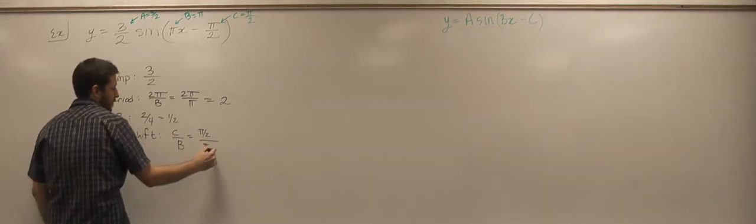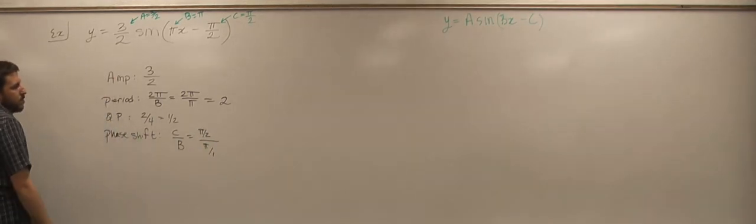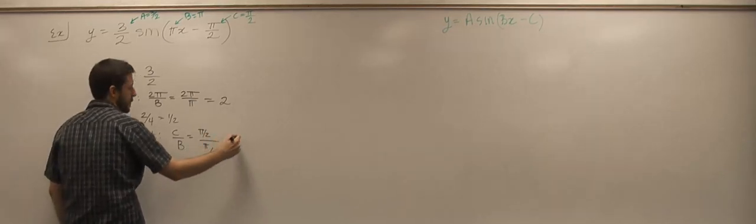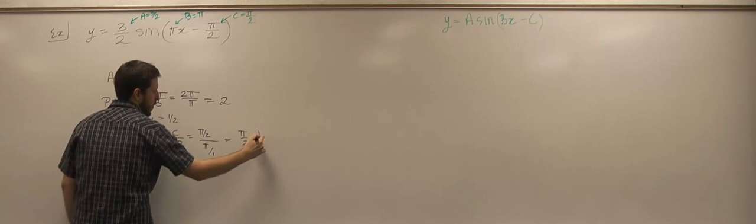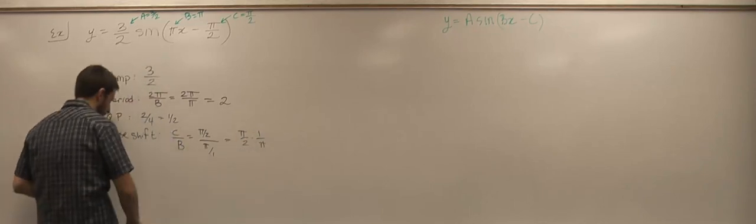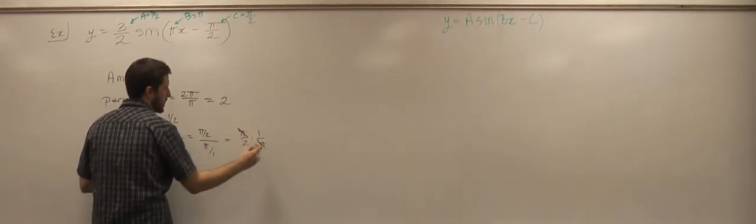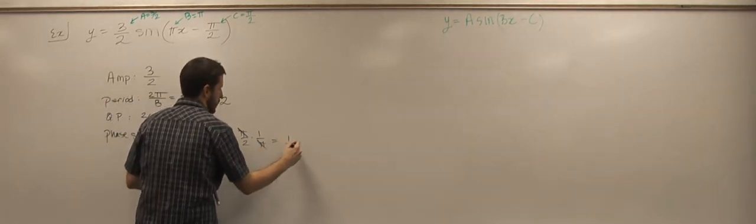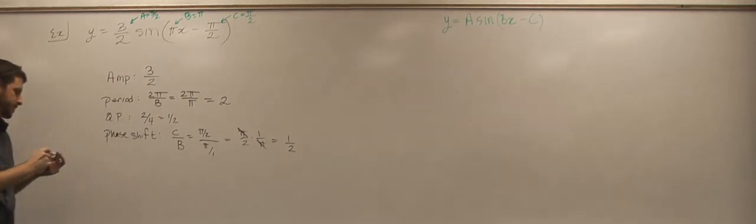How does it simplify? You're going to have to flip this pi up. Pi over 2 times 1 over pi. The pi's cancel again because one's on top and one's on bottom. So you're just left with a phase shift of 1/2.